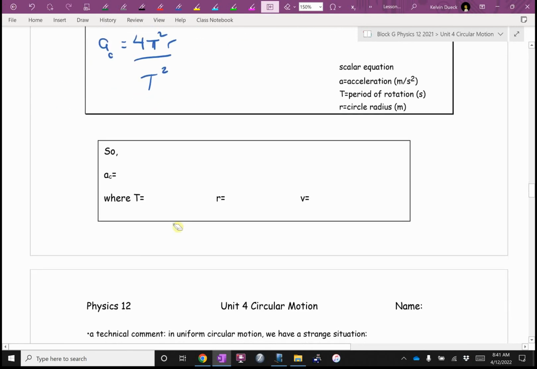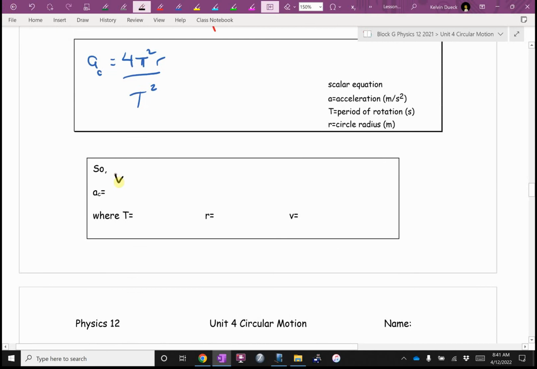So in summary, we have this: a equals v squared over r, or 4 pi squared r over t squared. I use the one with the v if they give me or ask for the speed. I use the one with the t if they give me or ask for the period.